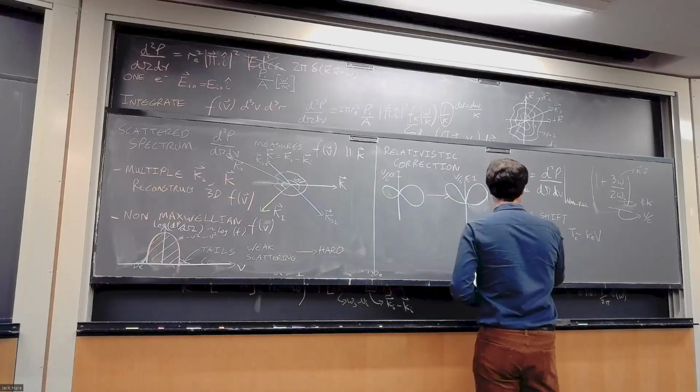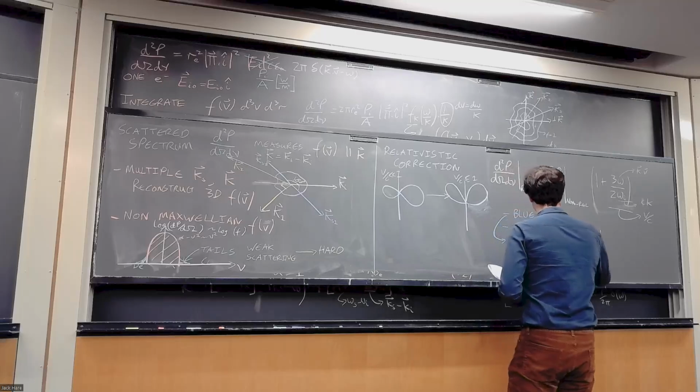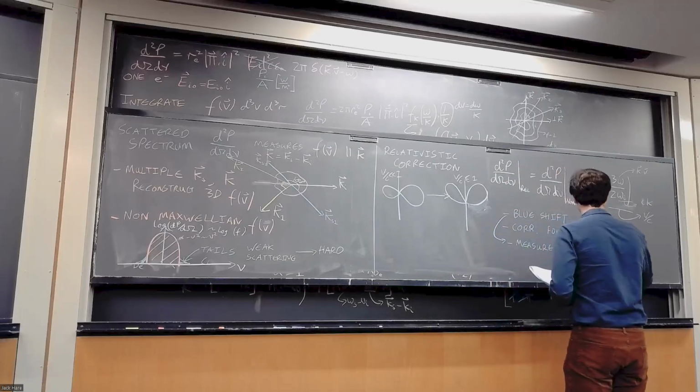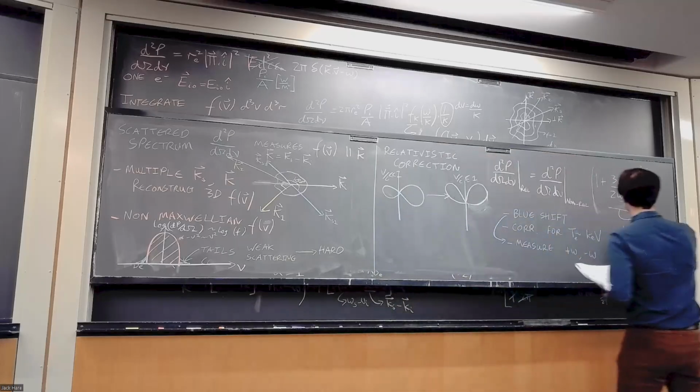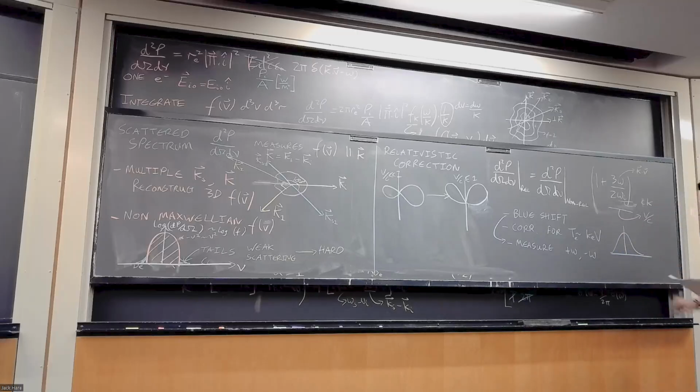Because of this blue shift, it's important to measure both the positive shifted frequencies and the negative shifted frequencies. Because if you don't measure those, and you're expecting your spectrum for a Maxwellian to be nice and symmetric, but if you are doing the relativistic one, then your spectrum might look like this.